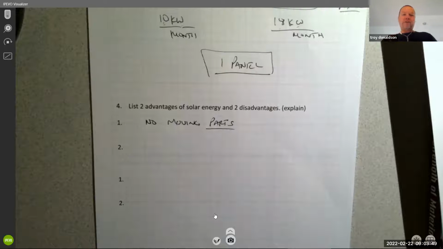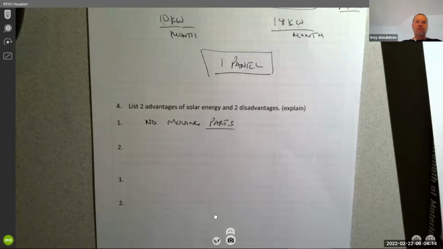So, you know, cost, location of the collection compared to the load, no moving parts, a fairly simple system to use and put together compared to some of the other more complicated ones, like a giant wind turbine or a geothermal system that requires drilling and big equipment, and on and on and on.